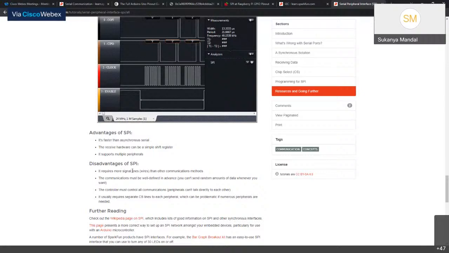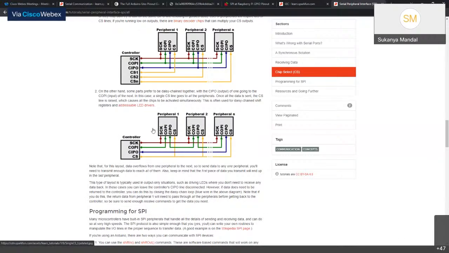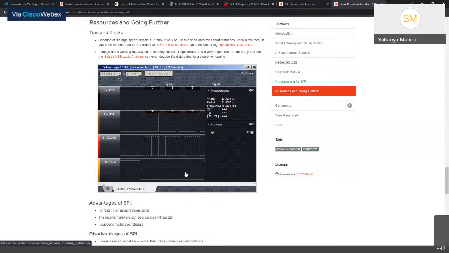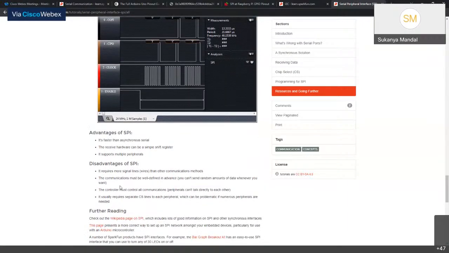And there are certain disadvantages of SPIs as well. It requires more signal lines. As we saw, it requires 4 signal lines, whereas UARTs and I2Cs require only 2 signal lines. And then the communications must be well defined in advance.